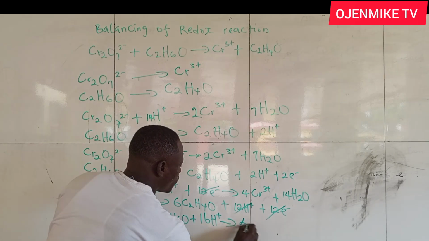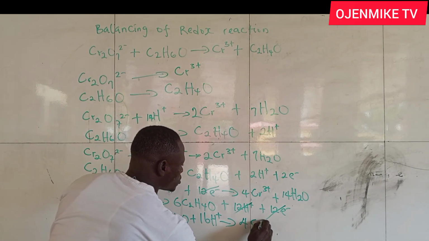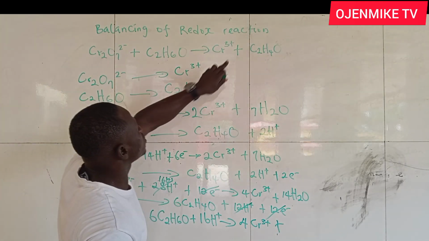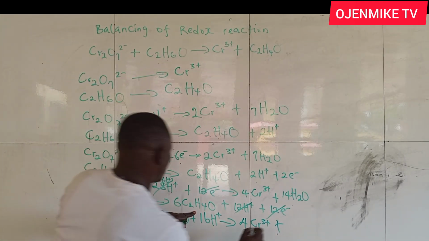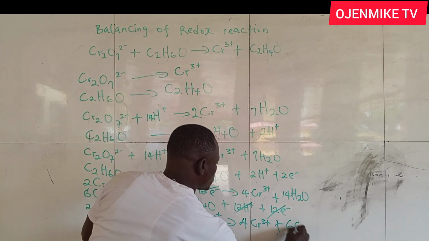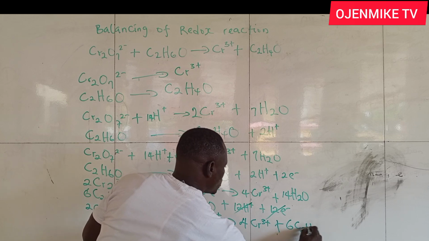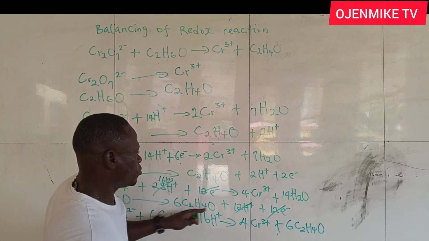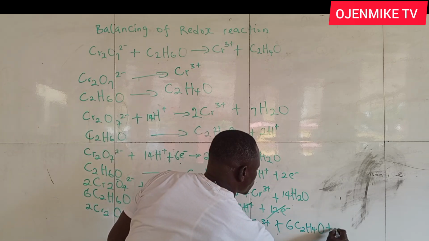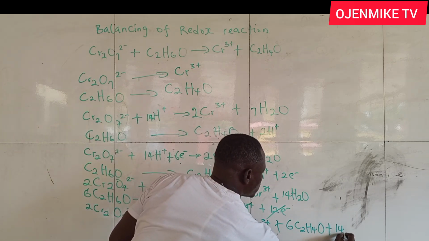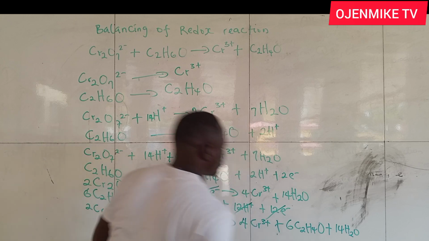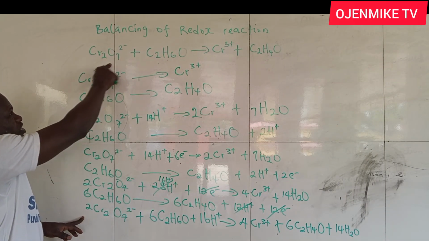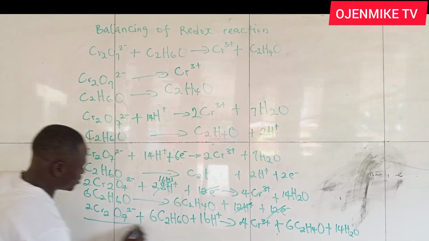We have 4Cr3 plus. Are you following? Plus this one, we have it here. We have 6C2H4O. Do you have anything? Yes, we have plus 14H2O. So the balanced equation for this particular redox reaction is this one.